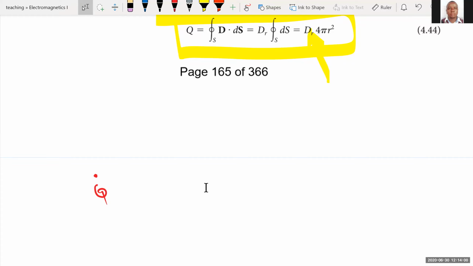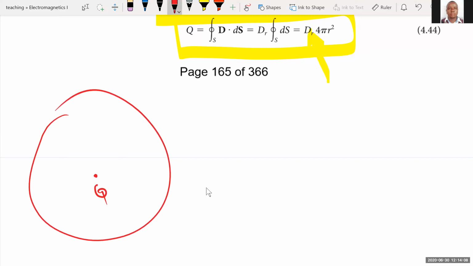So it's a matter of a closed surface. Remember what Gauss's law has said: if you want to find the flux that is passing through a closed surface, you must find the charge that is enclosed therein.